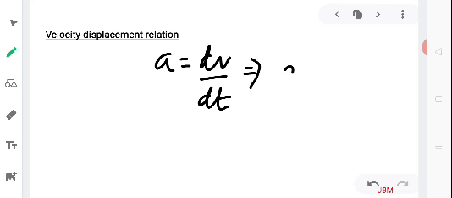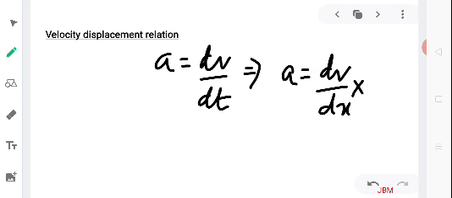We can write down a equal to dv by dx into dx by dt, isn't it? Can't we write it down as a equal to dv by dx into dx by dt? Obviously we can. Now what is dx by dt? I hope you remember, dx by dt is velocity.